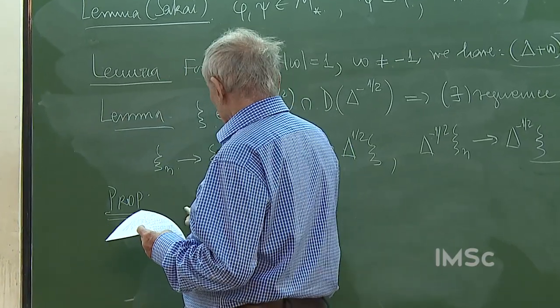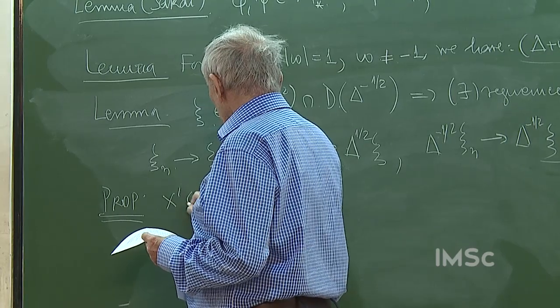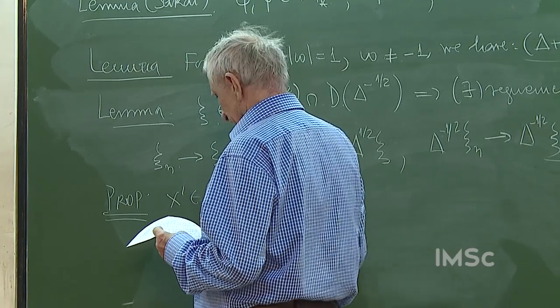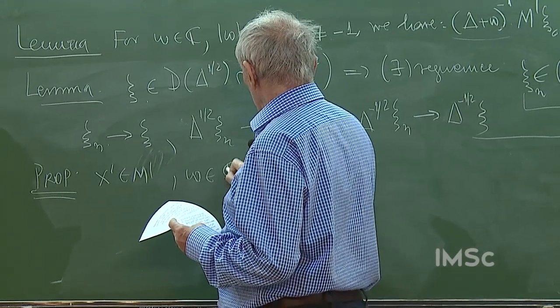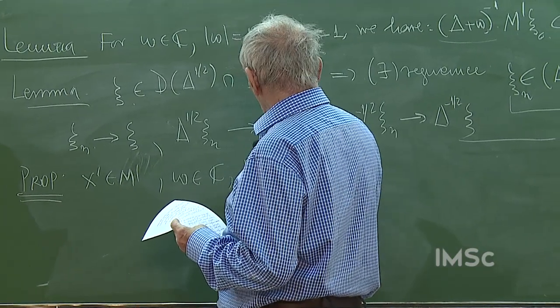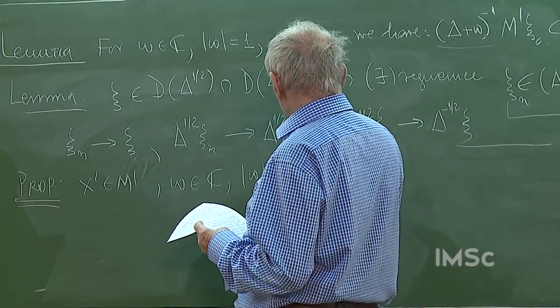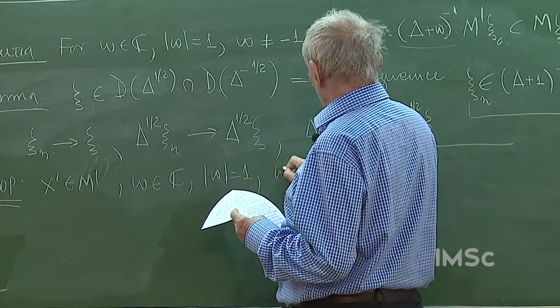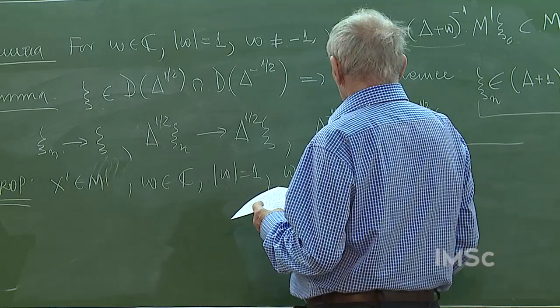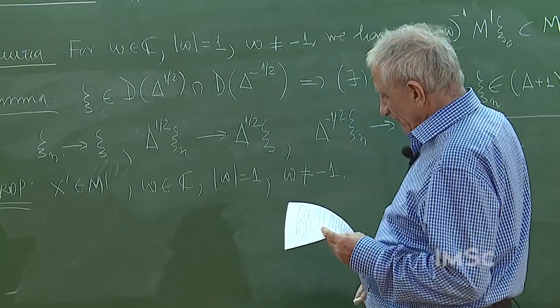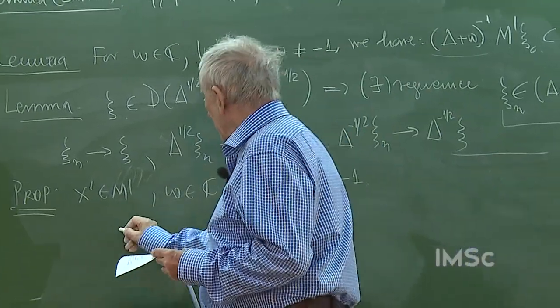You take x prime in n prime, omega a complex number, the modulus of omega is equal to 1, but omega is different from -1. And what we show is the following equality.